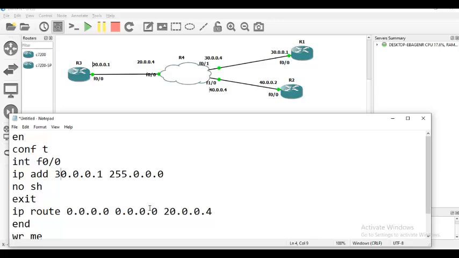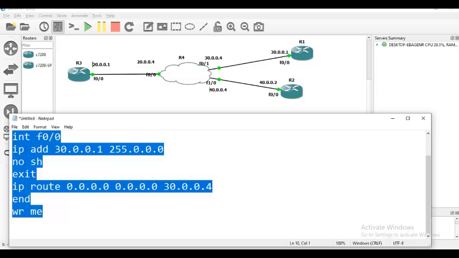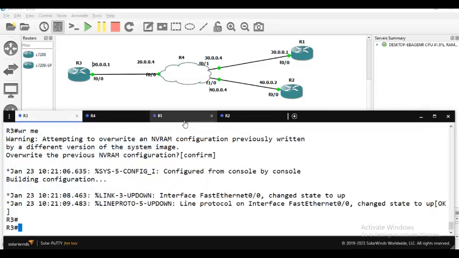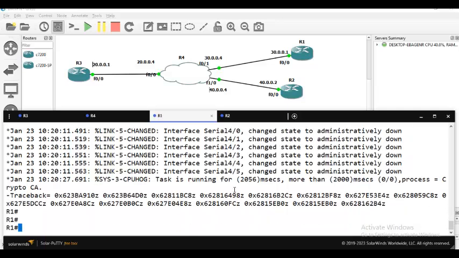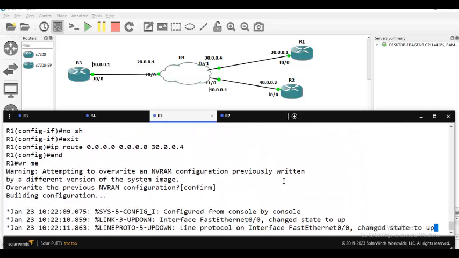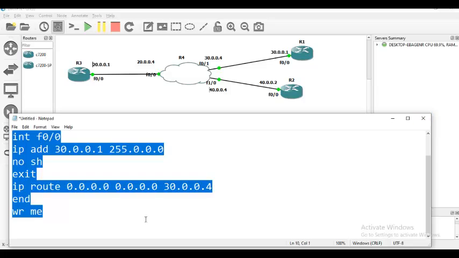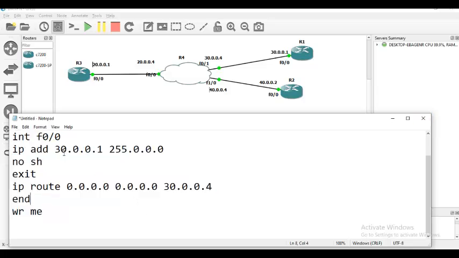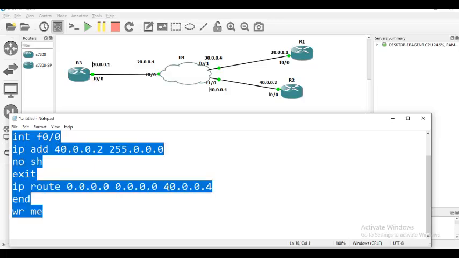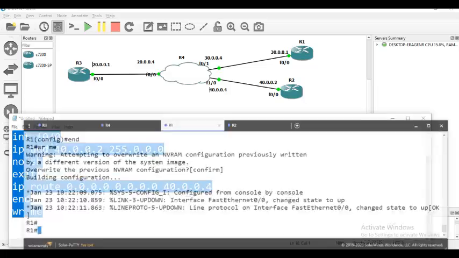Router 1. And router 2, I've got 40.2. And this is 40.4. Router 2 is also ready. Now the last router is 4. There's no need for any static routes here.